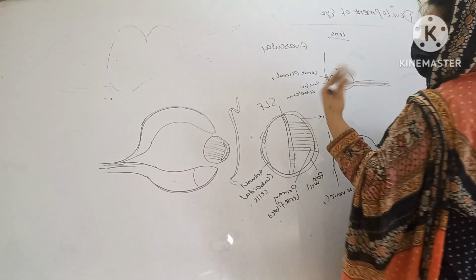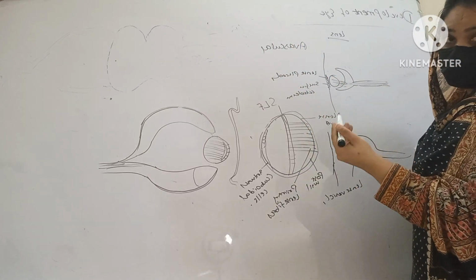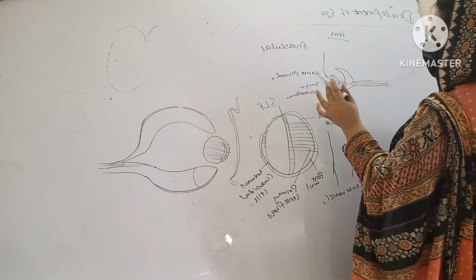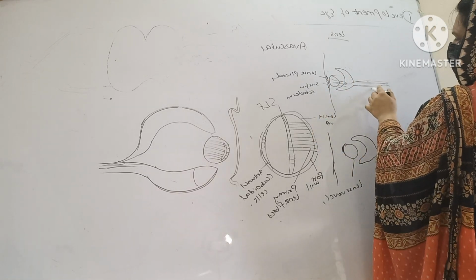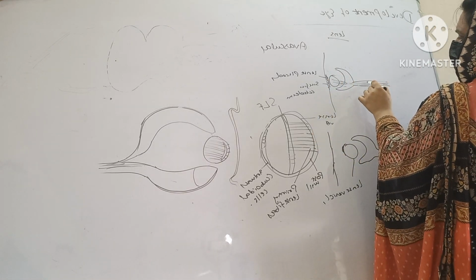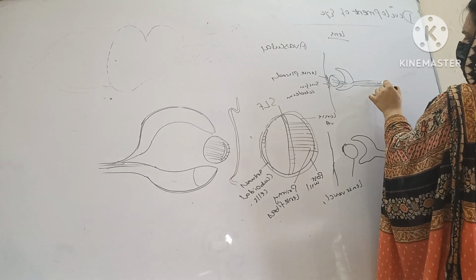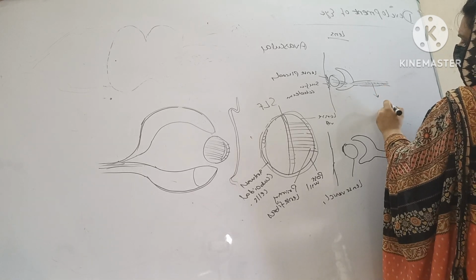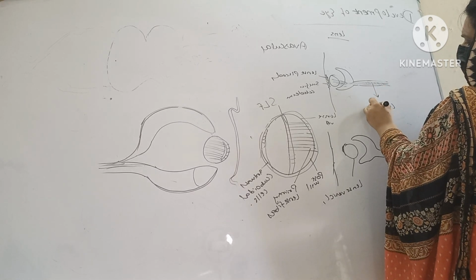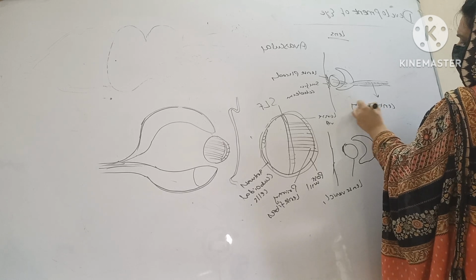But early in the development, it has its blood supply from the hyaloid artery. Then what happens to the proximal part of the hyaloid artery? The proximal part of the hyaloid artery is later converted into the central artery of the retina.